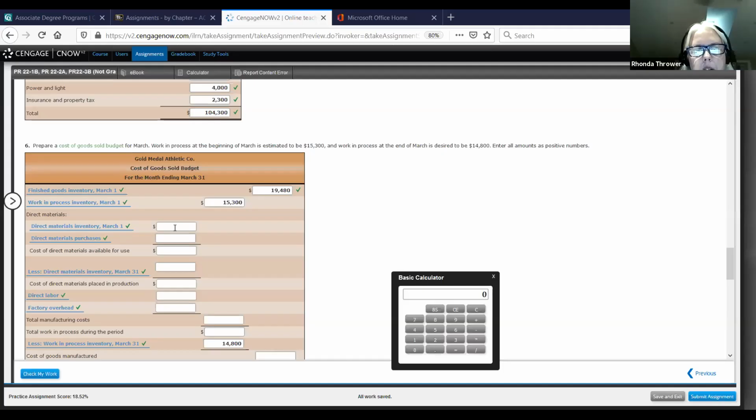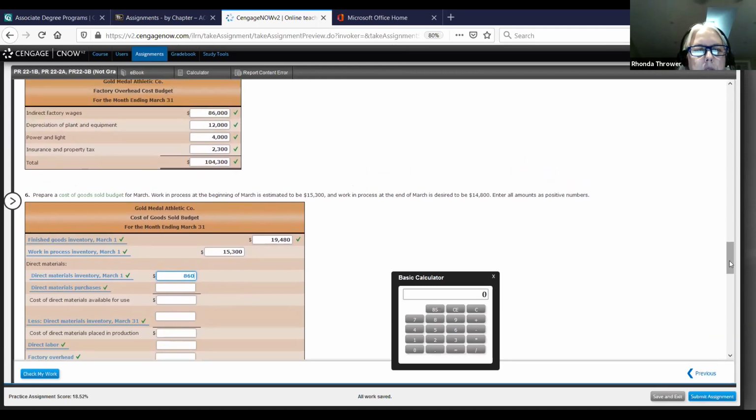We're going to flip back to Cengage. And you're going to put in the amount for your direct materials beginning inventory, which was $860 worth. The next thing they want is your direct materials purchases.